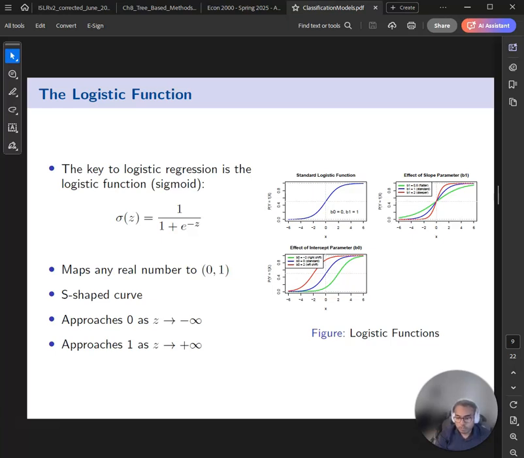In the bottom graph, we see changing the intercept parameter b0, which shifts the curve left or right. This determines where the probability crosses any threshold. The parameters give us flexibility to model different kinds of relationships between our predictors and the probability of an outcome, while always keeping our predictions within a valid probability range.